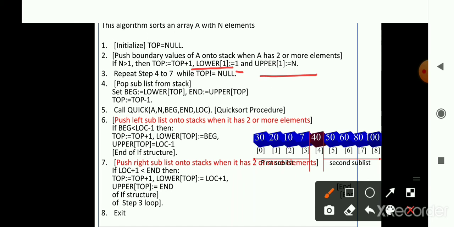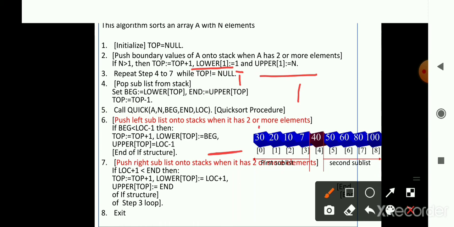Here lower and upper are two different stacks. The very first value going into the lower stack is 1, and the upper stack is 9.